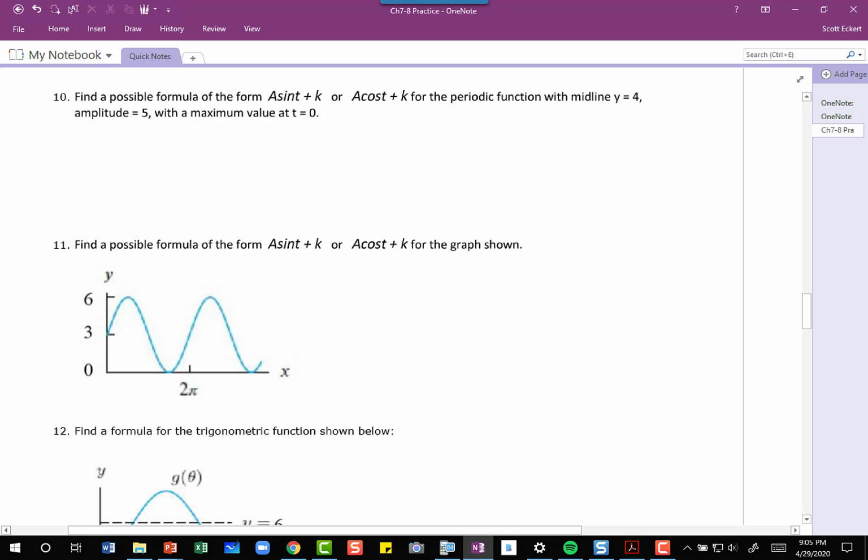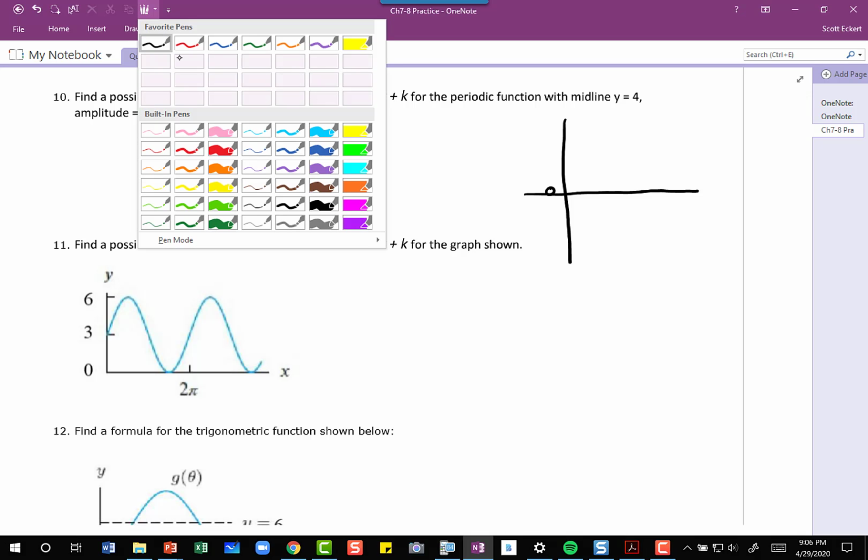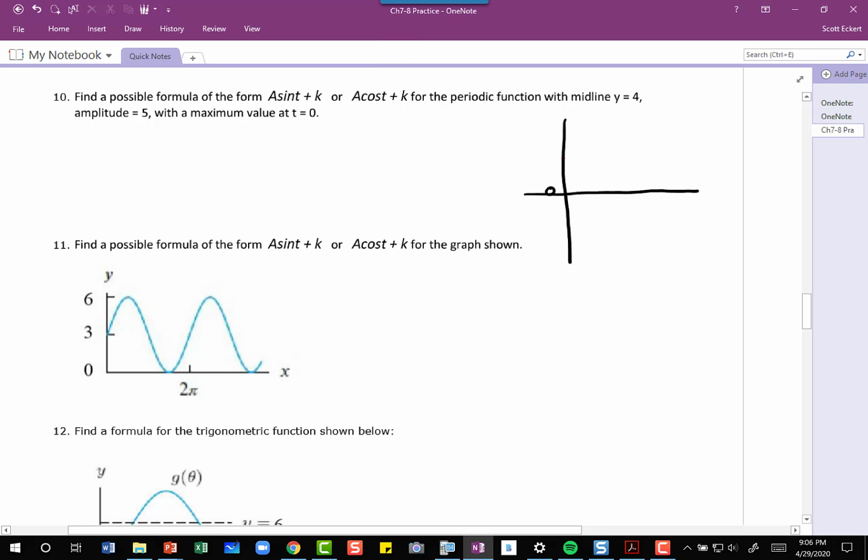So, I'm visual. You may be visual, you may not. Maybe you're analytic and you can do it without a picture. But I think for the benefit of lots of people, let's draw a picture here. So here's 0. And it has a midline at 4. So let's put our midline right about here.